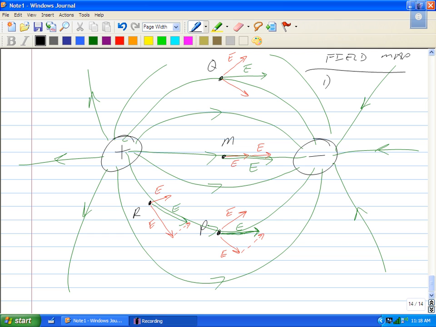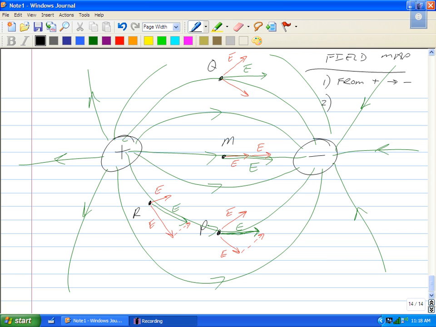One we've already established: these field lines are going to go from positive to negative, because a positive test charge would run away from a positive thing and toward a negative thing.